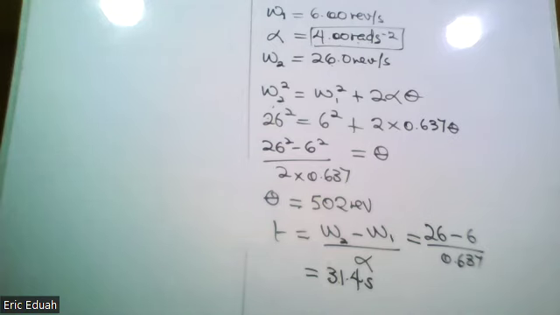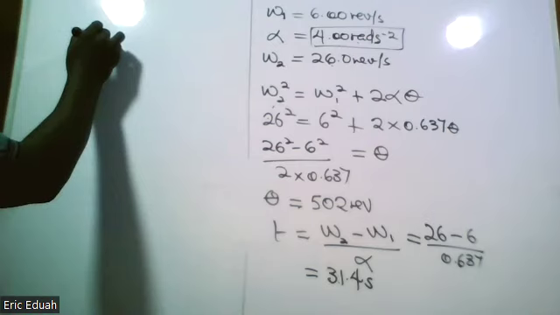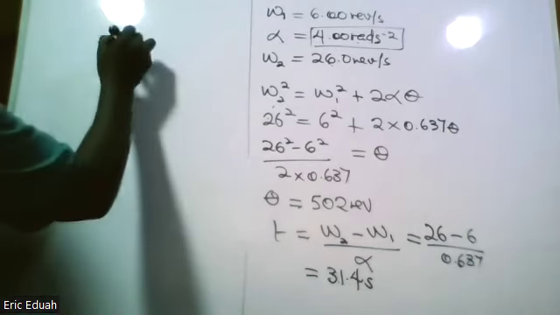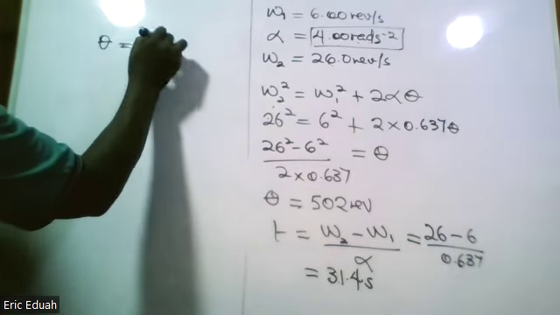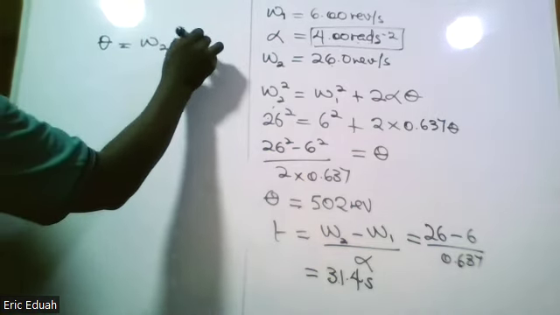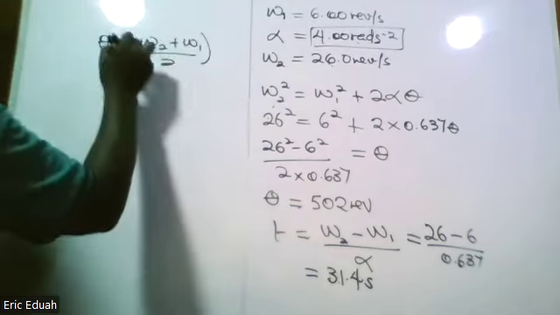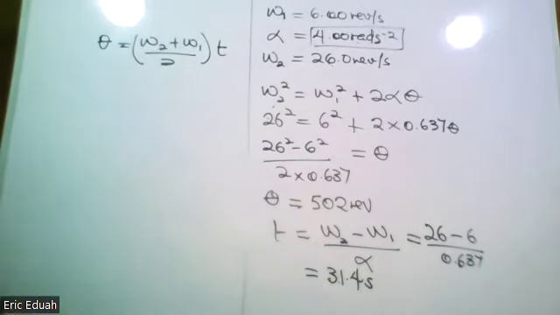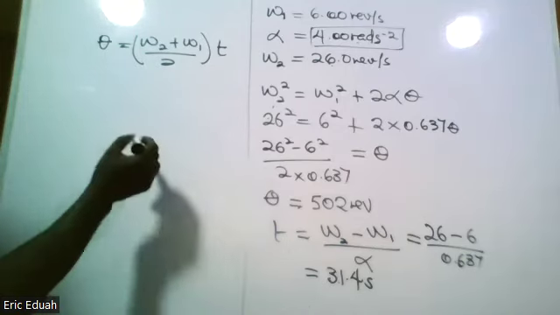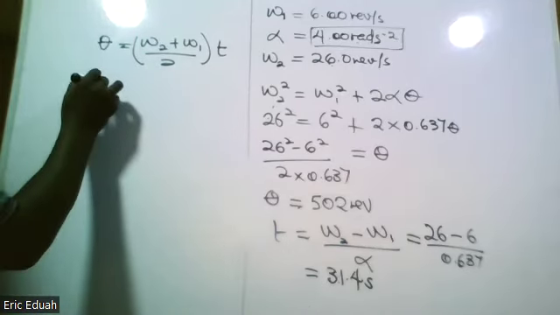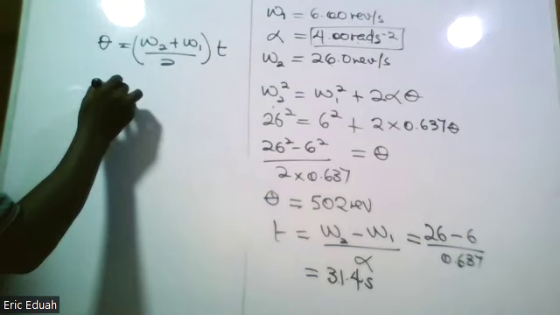Give me the theta formula. Theta is equal to, in a bracket, W2 plus W1 all on 2, all multiplying T. And then you determine T first, right? Yes, please.